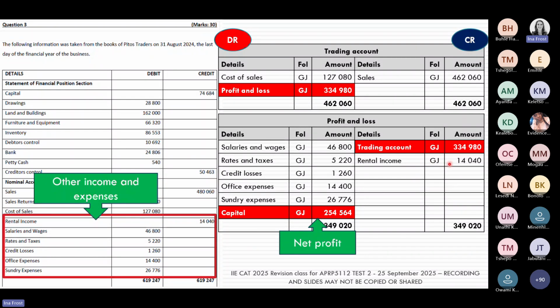I added to it the other income, and that gave me 349,020. Then I subtract all of these expenses, and then my balancing number is my net profit, 254,564.